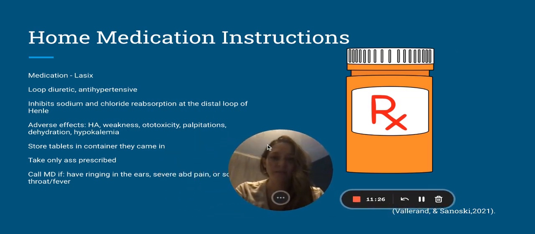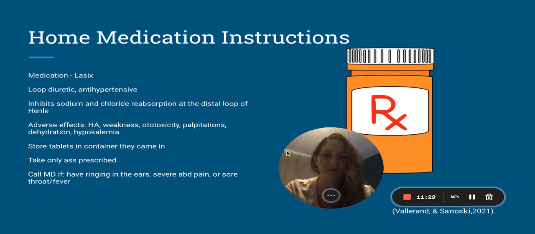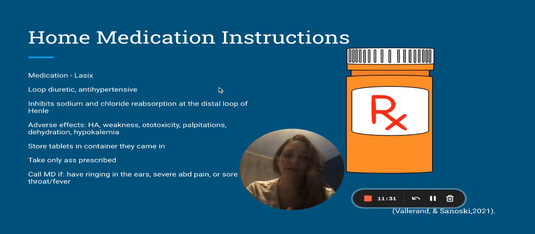As far as home medication, for example, the patient with liver cirrhosis may be sent home with Lasix, which is a loop diuretic and antihypertensive. It inhibits sodium and chloride reabsorption in the distal loop of Henle in the kidneys.